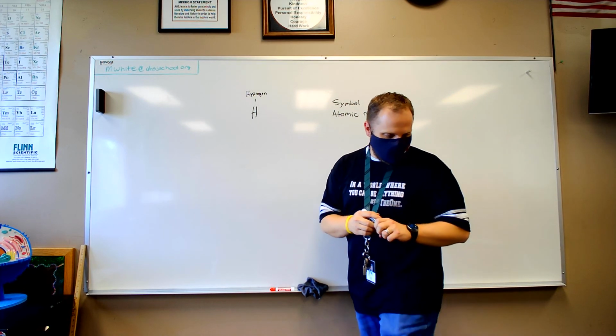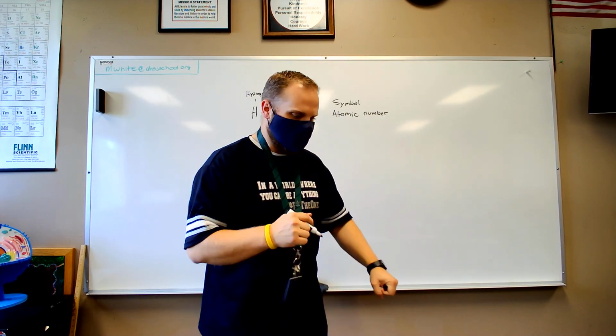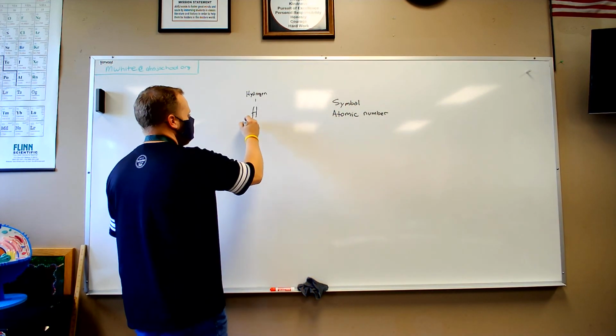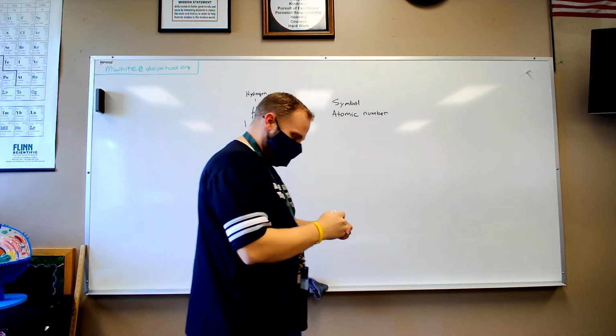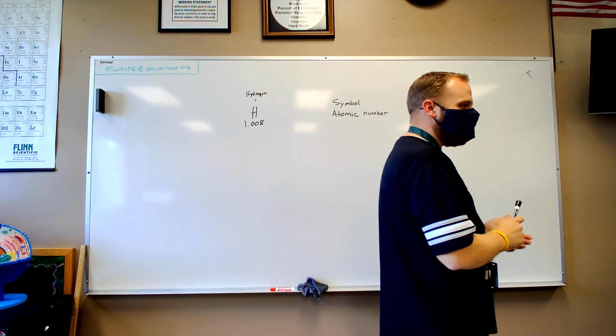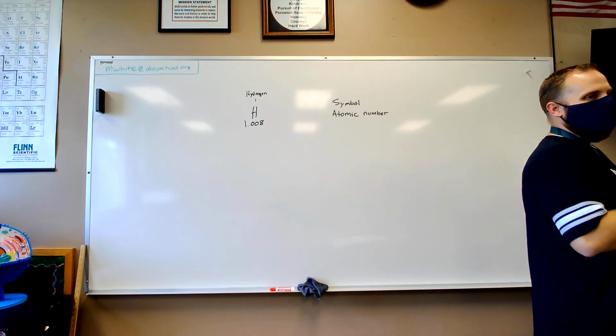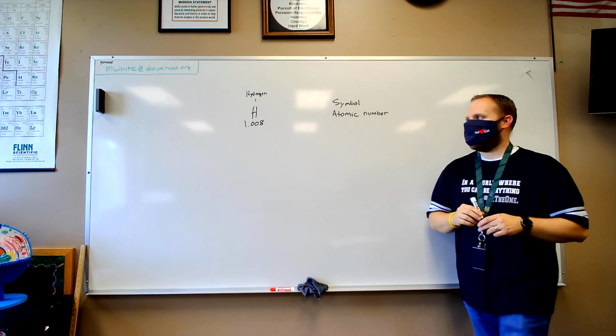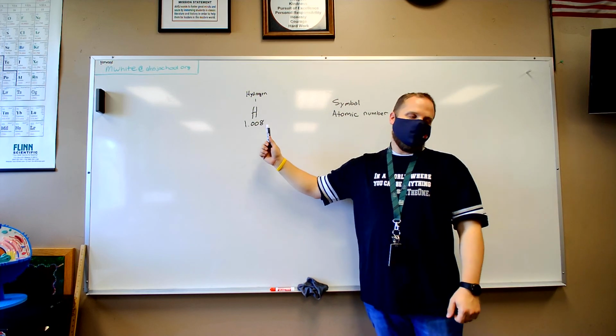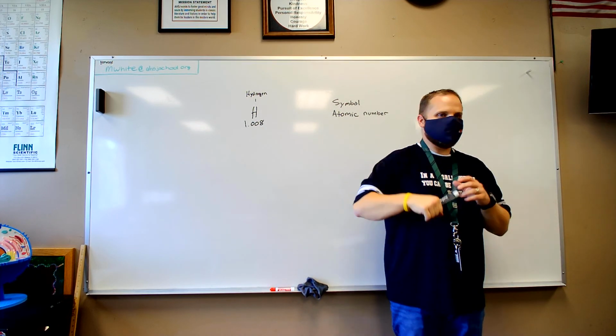And then it has the atomic mass. Now the atomic mass is something that we will use quite a bit. You'll learn more about how to use it as we continue going through class. But remember, that's what we call the weighted average of all the different isotopes.